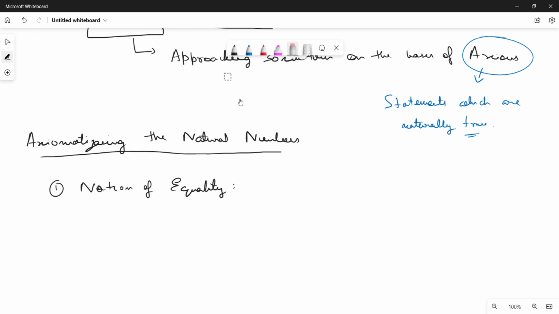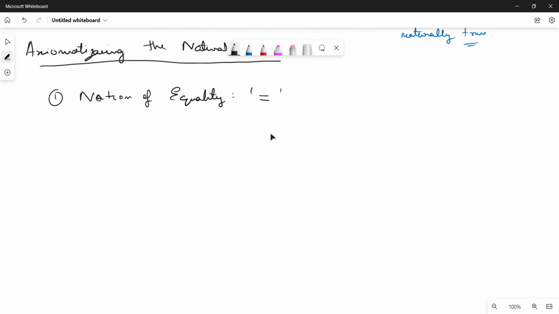So what is the notion of equality? Equality, as we already know, basically means something is the same as something, something is identical to something. That is the equality we know, and we use the symbol that is also known to every one of you. I hope you already know what an equivalence relation is.